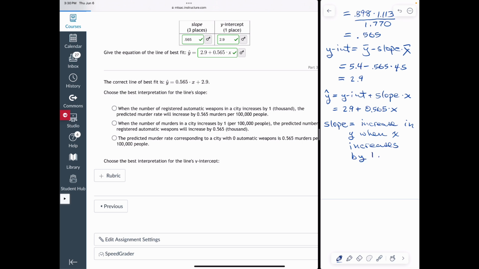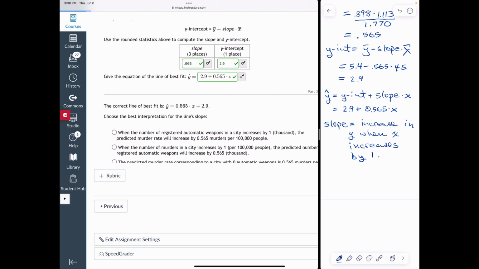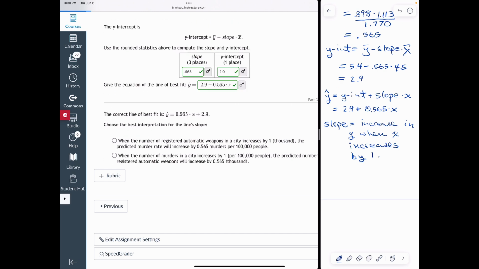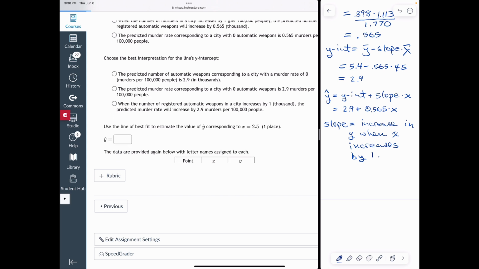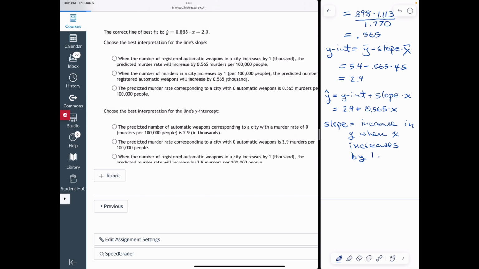The x is the number of automatic weapons, I think, and y is the murder rate. So if the number of automatic weapons goes up by 1, then we expect the murder rate to go up by whatever the slope is. And in this case, it's 0.565.